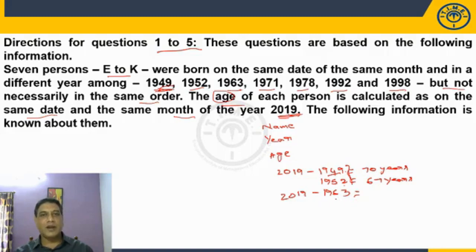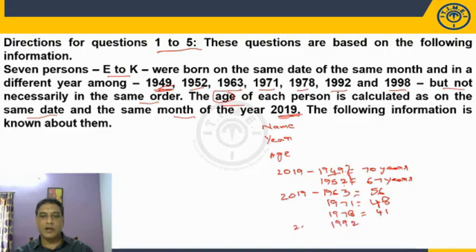So 2019 and 1963. So this is going to be 56 years. And 1971. So this is going to be 48 years. 1978, 41 years. 2019 minus 1978. 1992.